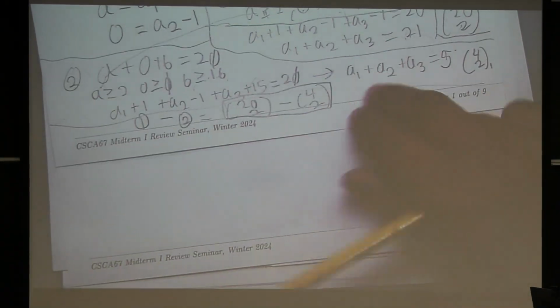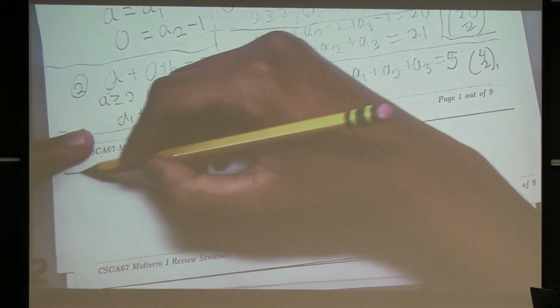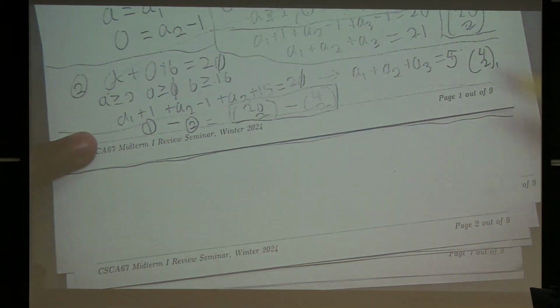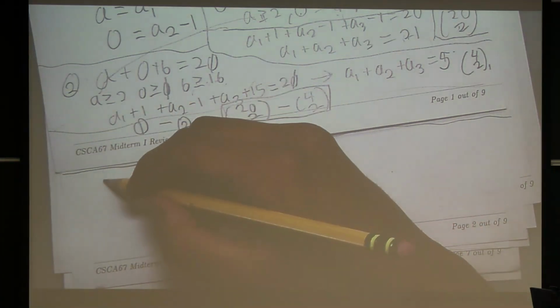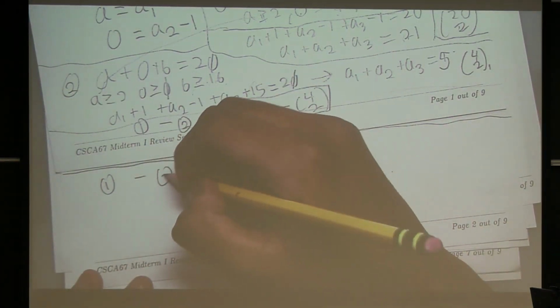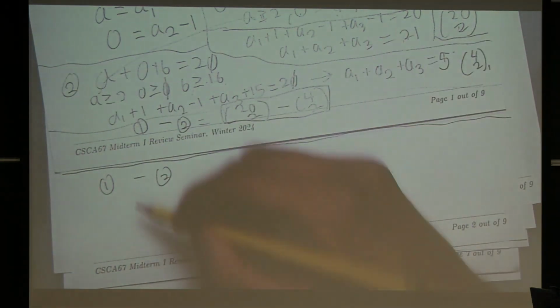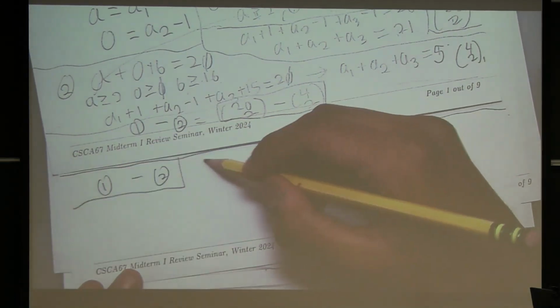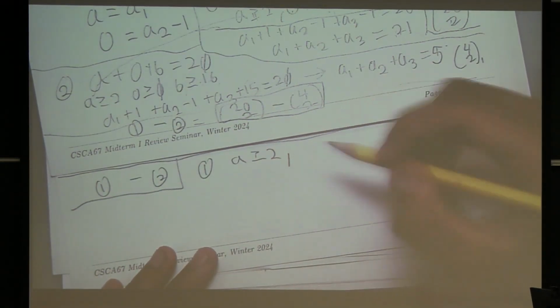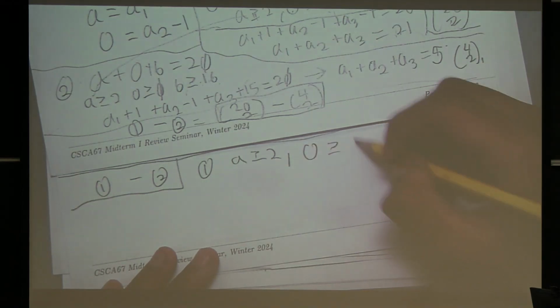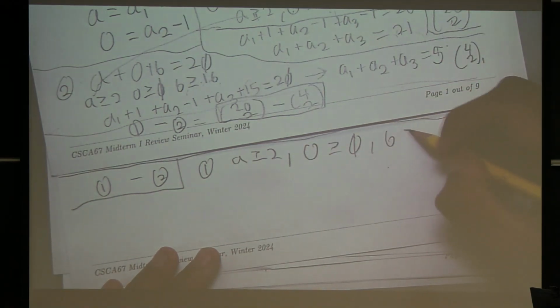Yeah, so let me just use something in the bottom page here. So the reason why I subtracted equations 1 and 2 is because in equation 1, we are given these restraints. A is greater than or equal to 2, O is greater than or equal to 0, and B is greater than or equal to 0.